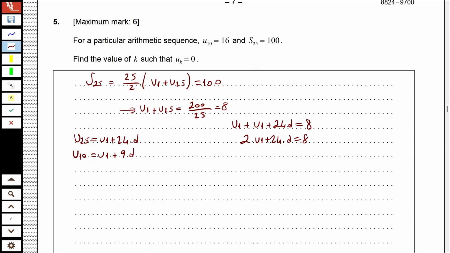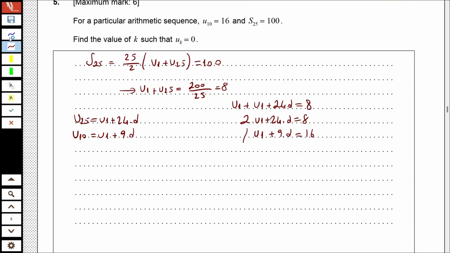And for U10, you can also write U1 plus 9 times D equals 16. If we cancel U1 and multiply by minus 2, it is 24 times D minus 18 times D equals 8 minus 32. So 6 times D equals minus 24, D equals minus 4.